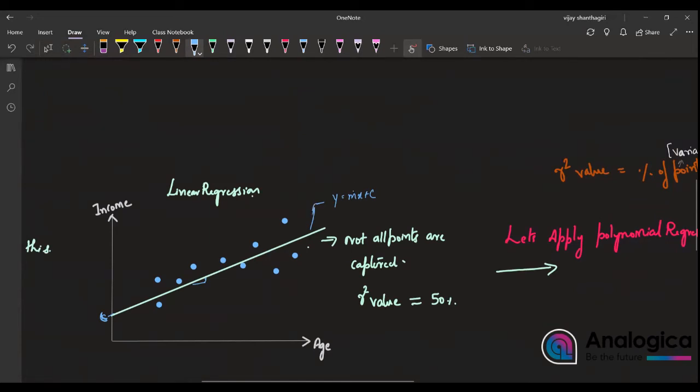So your equation will be actually y is equal to, if this is 0 comma 0, and we've scaled it to 10, 20, right? So your c is somewhere at 10. So your model actually is somewhere around 0.35x plus 10. This is your model, right?